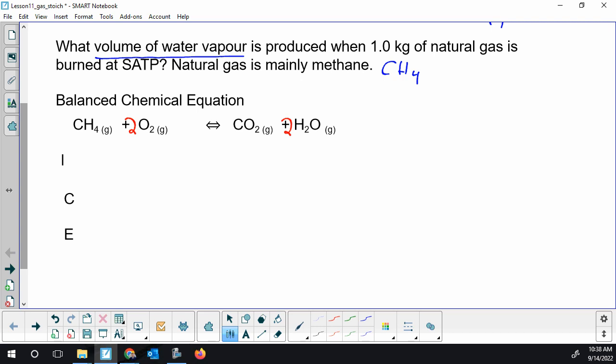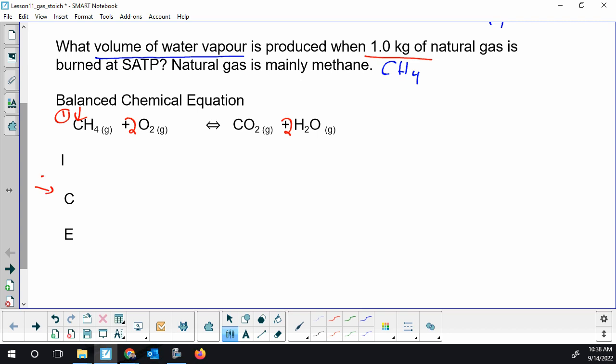I'm going to set up the plan to solve this exactly like you would in gravimetric stoic with masses, or in solution stoic if it was a solute in a solvent. So where can we start? We have 1 kilogram of natural gas, that's our methane. So I'm going to start with my methane, get that column, assume it all runs out.